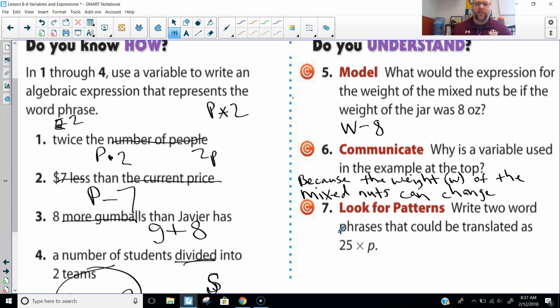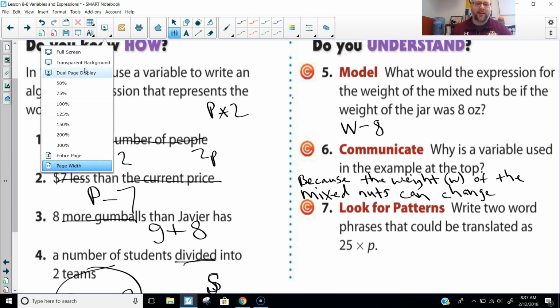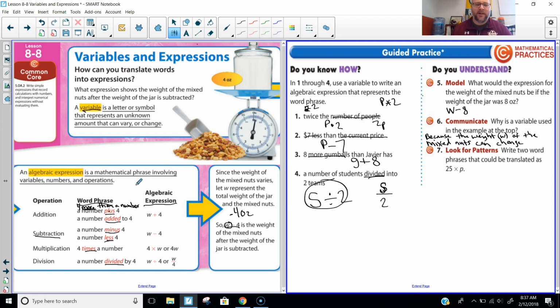Number 7, look for patterns. Write 2 word phrases that can be translated as 25 times P. Well, I'm going to go back to my dual page display because it's going to help me out. I'm going to use this chart over here to help me out with this. So I go to multiplication and I see that 4 times W, or 4W, is the multiplication in algebraic expression. How could I write it in a word phrase?